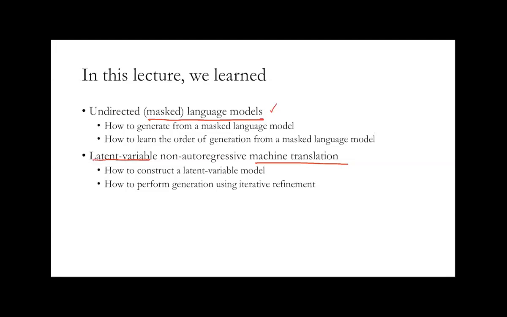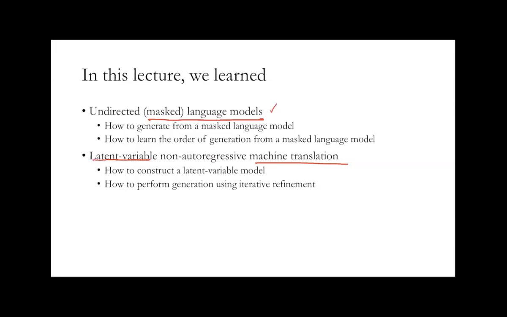And today in the morning, we learned about how machine translation can be turned into a conversation model, and how we can build a neural conversation model. Under that framework, we looked into different decoding algorithms for autoregressive models. And just now, we talked about how to build the masked language model, and also the latent variable machine translation systems, both of which are non-conventional approaches, but may be a very attractive alternative for future research or development directions.